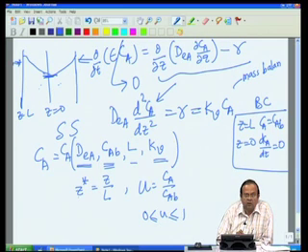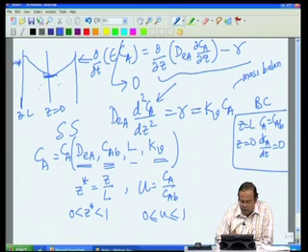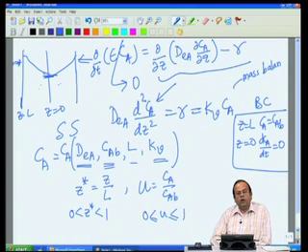Similarly, I have converted my axial coordinate z, instead of in microns or angstroms or whatever units that you want to put it, this also is between 0 and 1. So, my idea of making these equations dimensionless is that the order of magnitude of both these variables is now between 0 and 1.